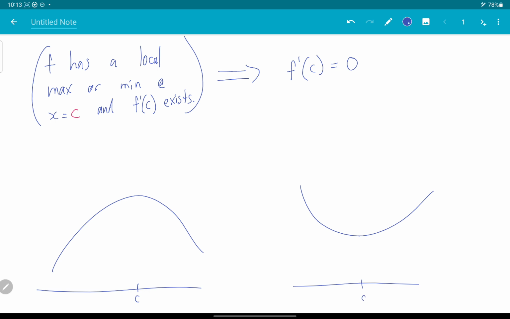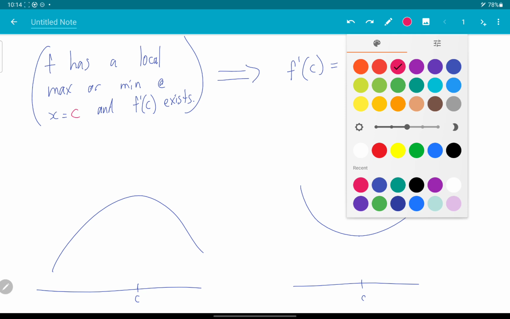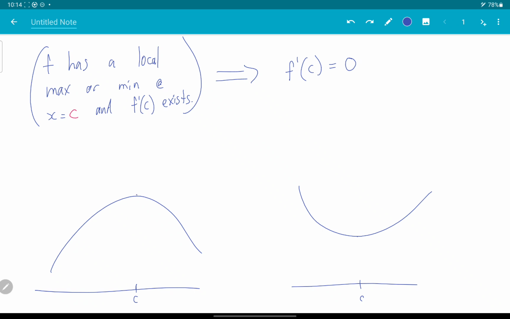So we're saying if you have a max or a min, so here we have a local max, here we have a local min, then what must the derivative be at this max? Well, the derivative has got to be 0, right? You're going to have a flat tangent line there. And likewise down here. Okay, so hopefully that makes intuitive sense.